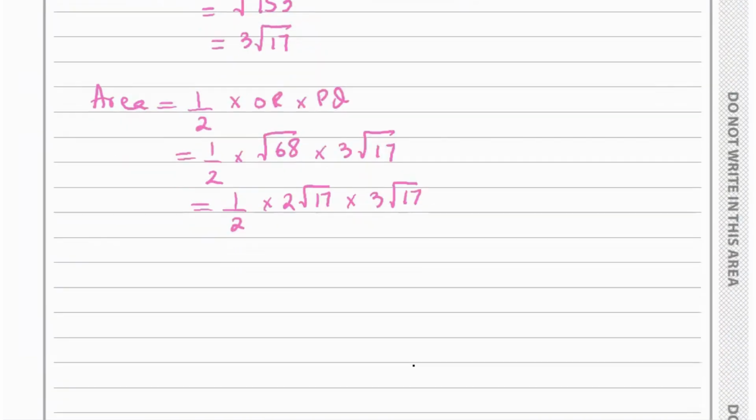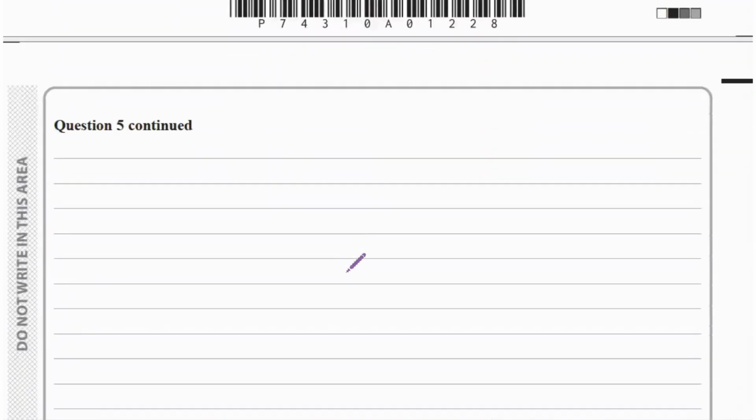You can see that the 2 is getting cancelled out. Root 17 times root 17 is 17. So it's going to be 3 times 17, which is equal to 51 centimeters squared. That is the area of triangle OPQ. So very basic, nothing complicated.